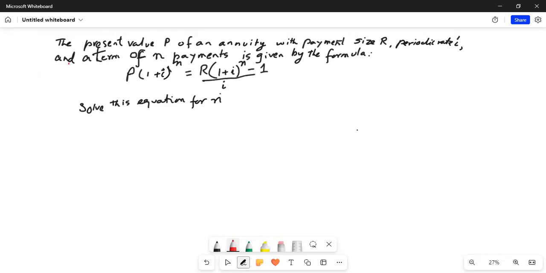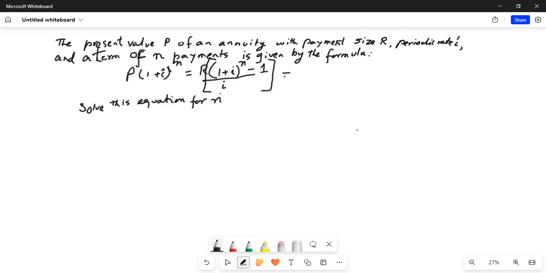Actually, I have written this equation a little bit differently from what the actual equation is. So first I'll correct that. Is R inside or outside the parenthesis? As it is written, it looks like R is inside.